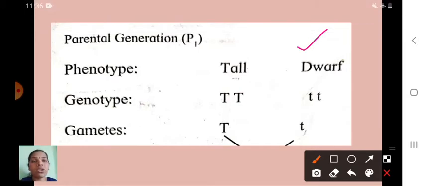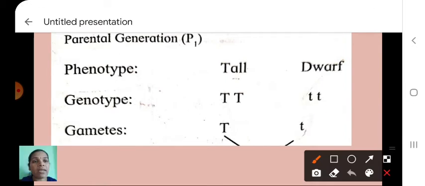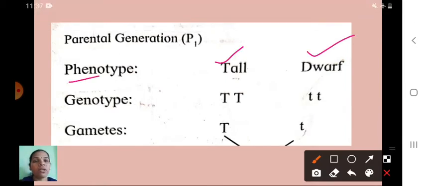Here, as I told, P1 is the parental generation, tall and dwarf plant. Tall and dwarf are the phenotype, that means the visible, physical characteristic. Next is genotype, that means a pair of genes.